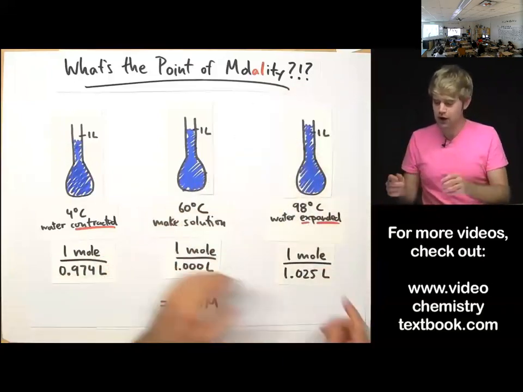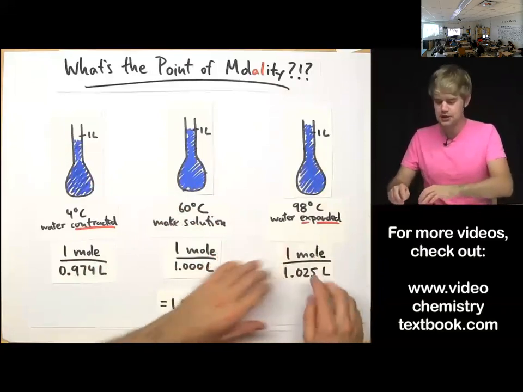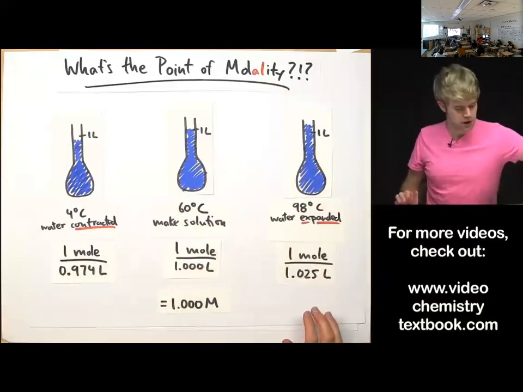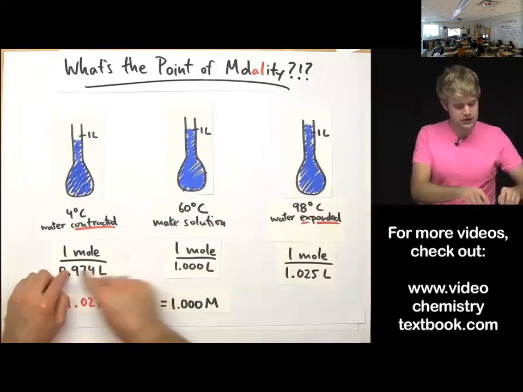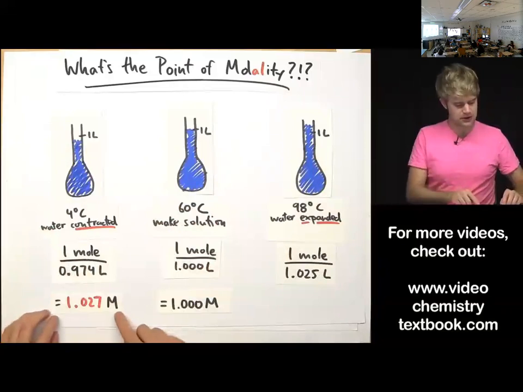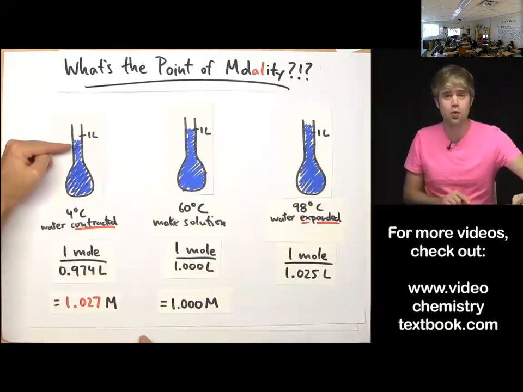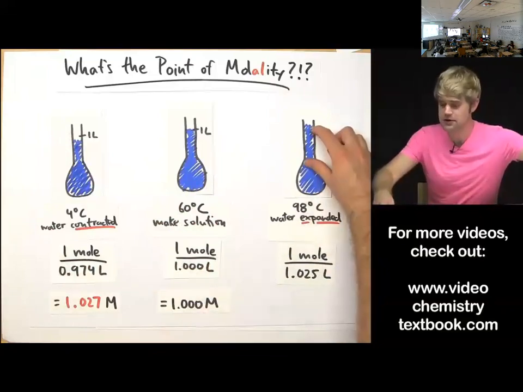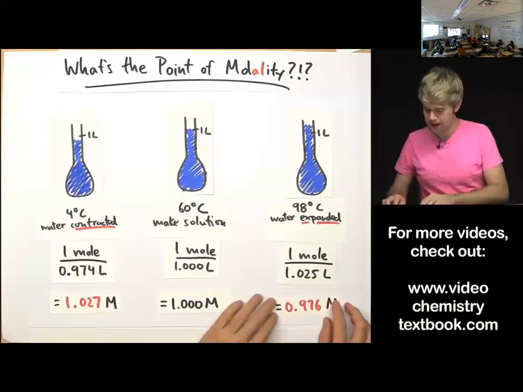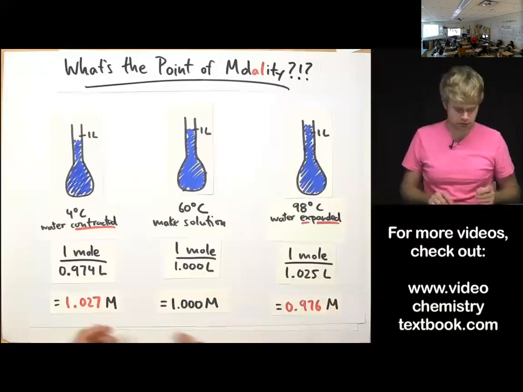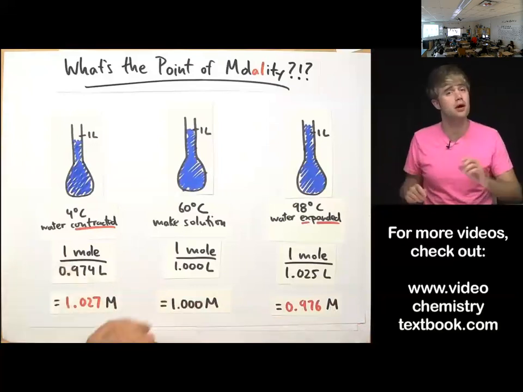Since we get molarity by dividing moles by liters, this is going to change the molarity. In this situation, because I have less volume, I'm dividing by a smaller number, so my molarity is actually going to go up because the water contracted. And because the solution expanded here, I get a smaller molarity. Now you could say that these aren't huge differences, and they might not be, depending on what you're doing.